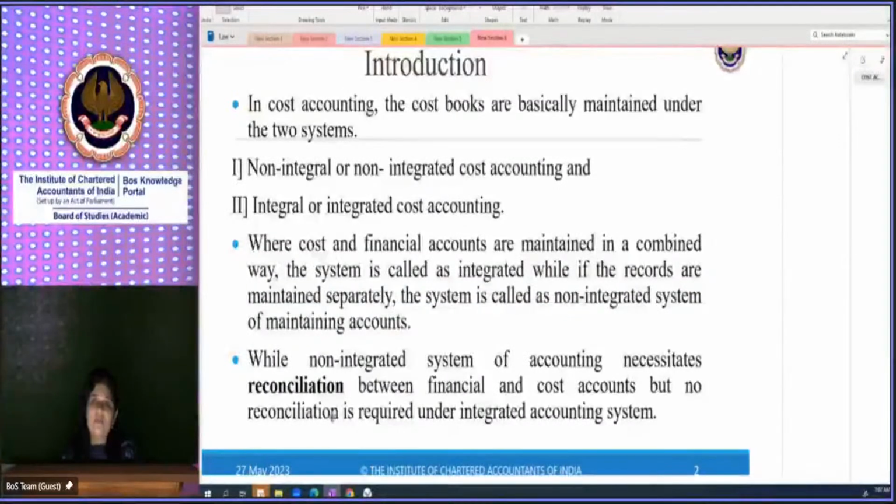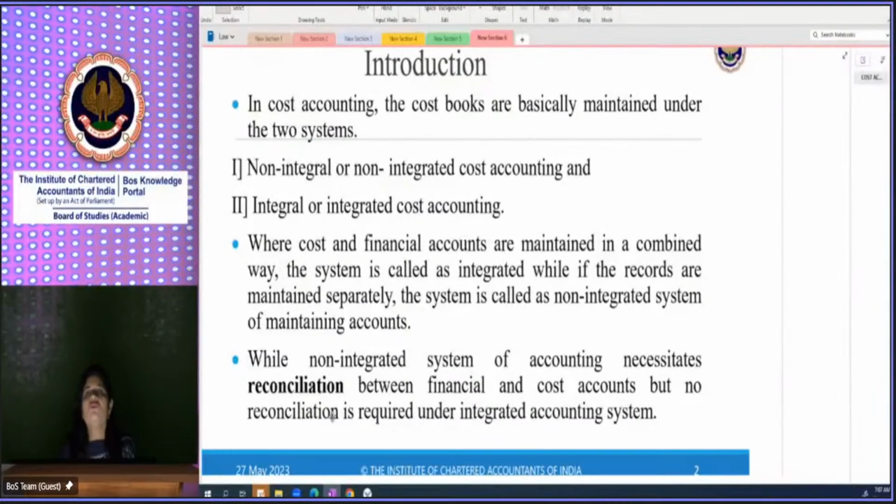Now there is a question before the organization, shall we keep both the records or shall we integrate? So having said that, there are two types of system, non-integrated cost accounting and integrated cost accounting. Non-integrated means cost records are separate and financial records will continue to be maintained the way we used to maintain. Since there are two records, ultimately we should have only one profit.